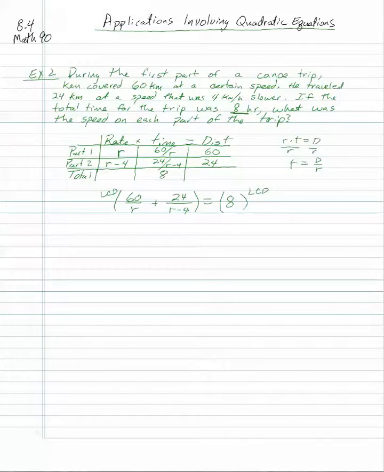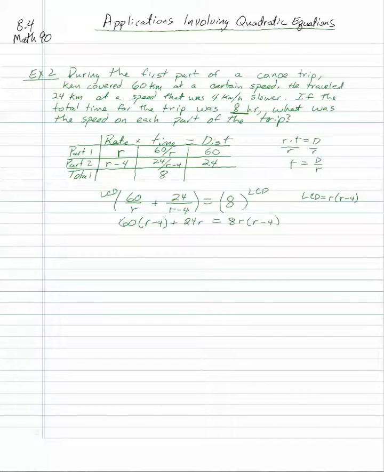With the first fraction, the R's cancel, and you're left with 60 times R minus 4. Then when I distribute it to the second fraction, the R minus 4's cancel, and I get 24R. And then equals 8. There's nothing that's going to cancel, so it's 8 times the LCD, R times R minus 4.